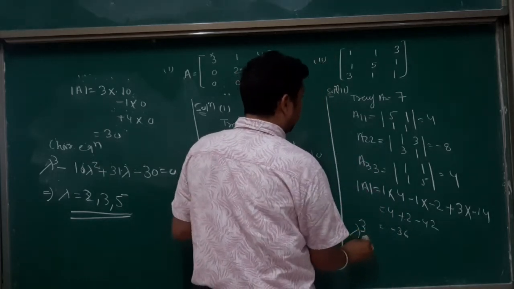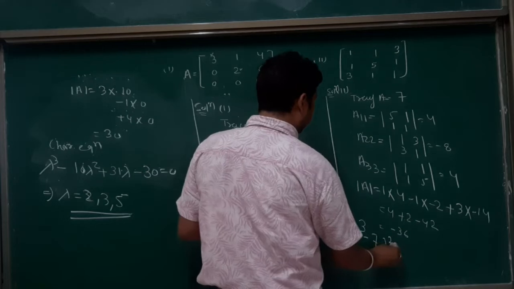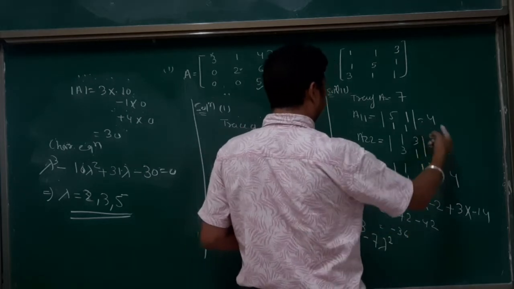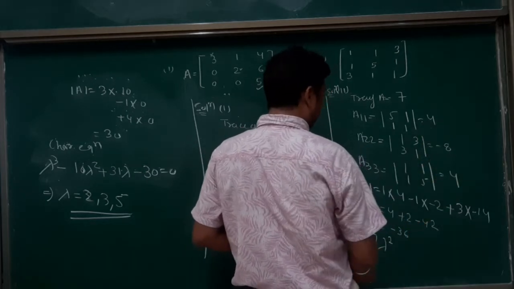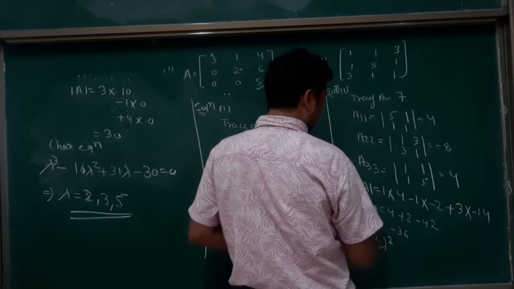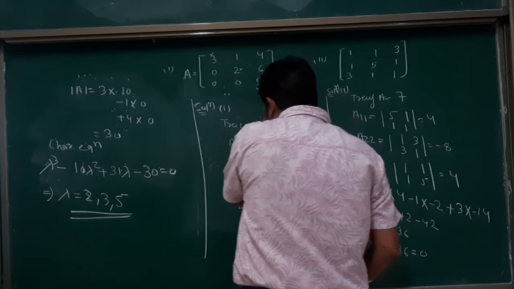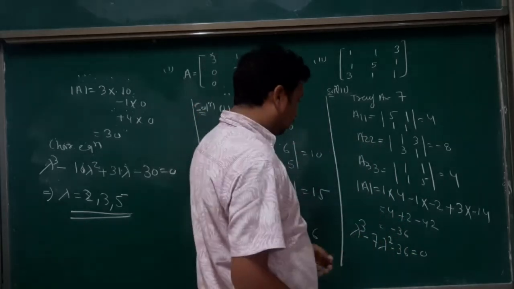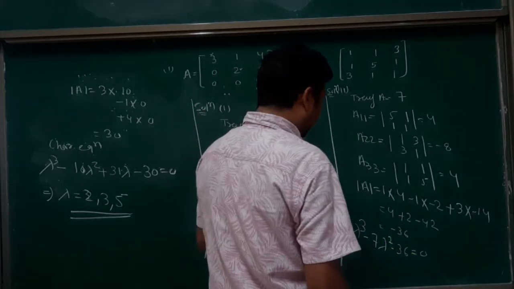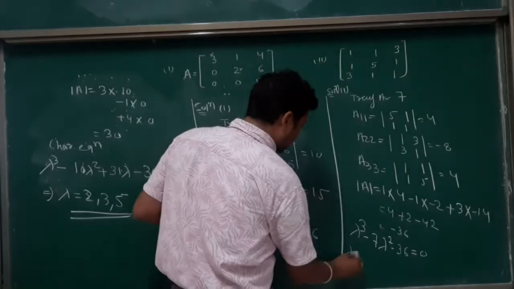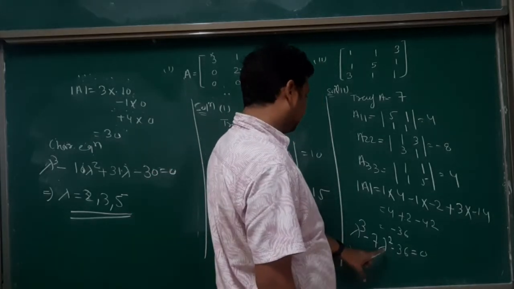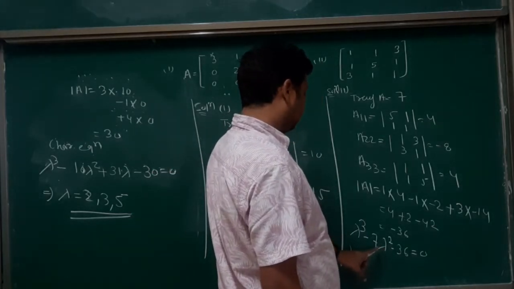Lambda cube minus 7 lambda square plus 0 lambda minus 36 is equal to 0. So when you solve, what are the factors? Lambda values, see, 2, 3, 5. We will check. Lambda is equal to minus 2, 3, 5.